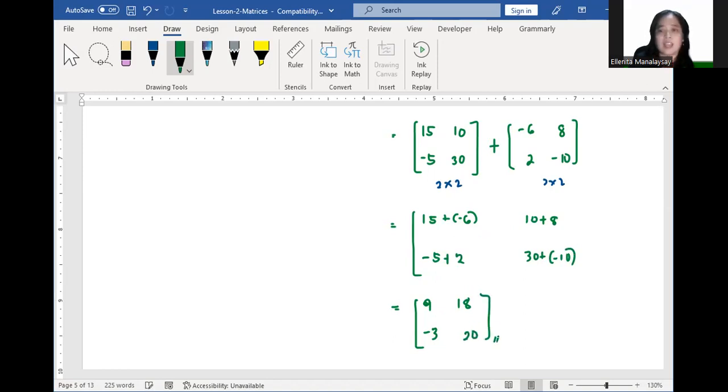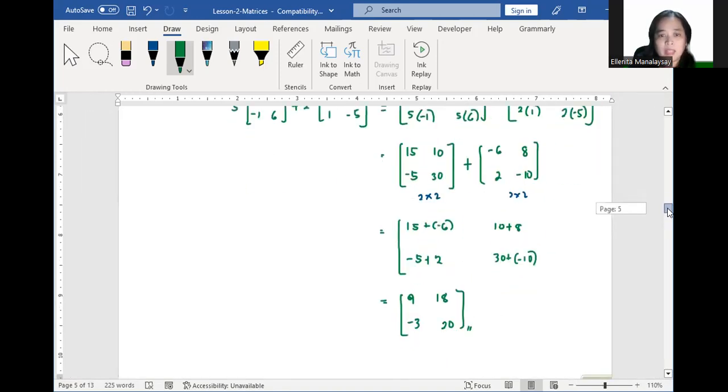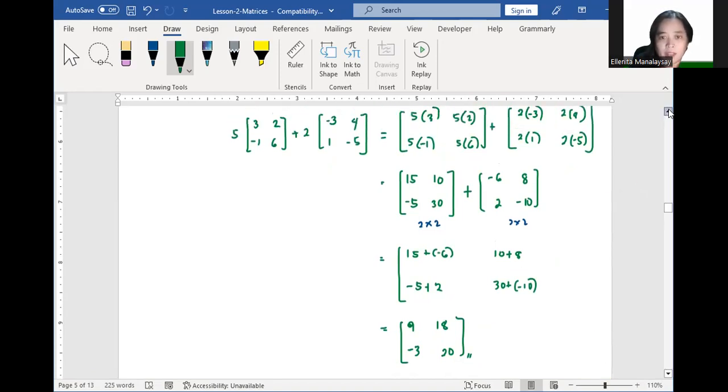So this is now 5 times this matrix plus 2 times this matrix will give us this 2 by 2 matrix. So, pwede natin pagsama-samahin yung matrix operations.